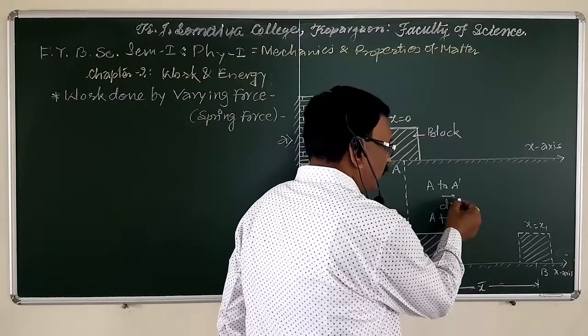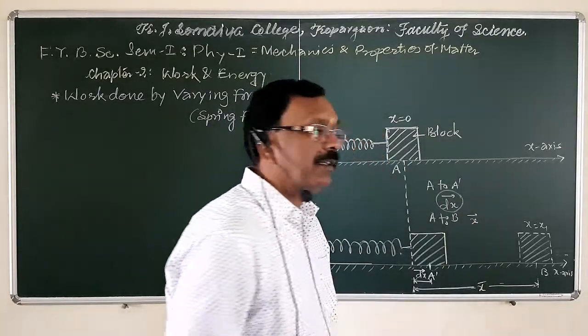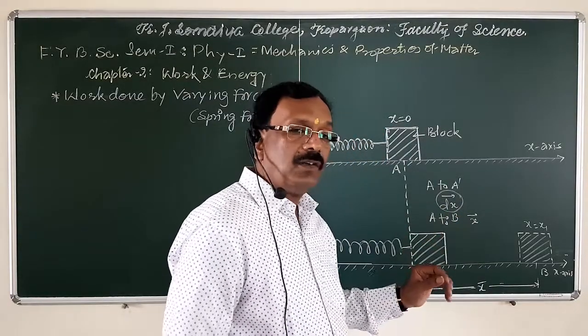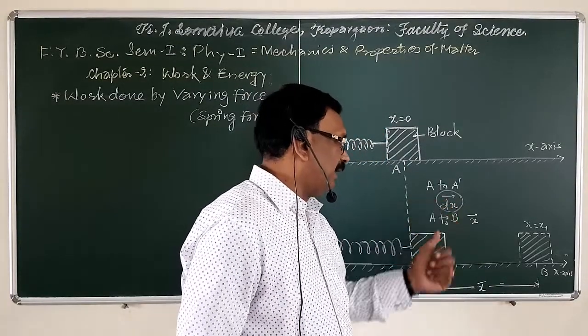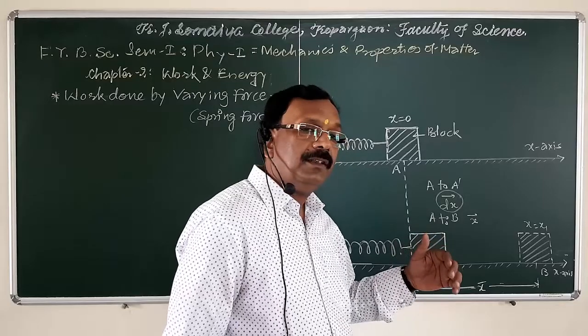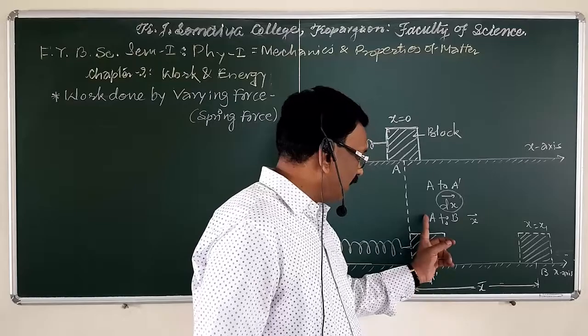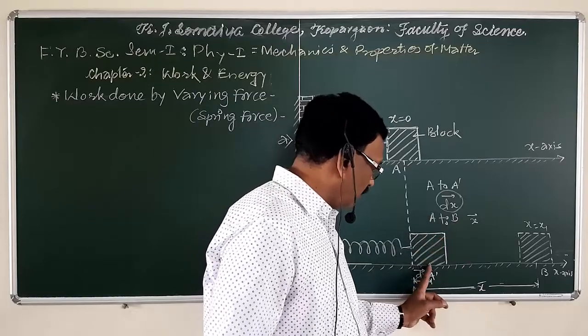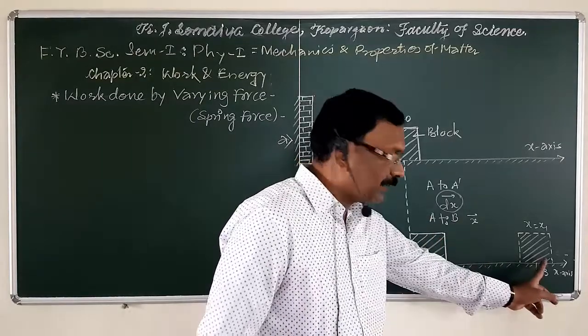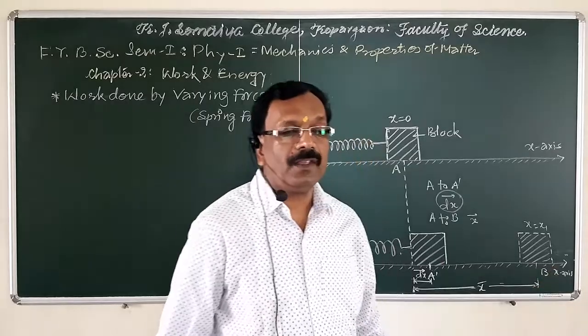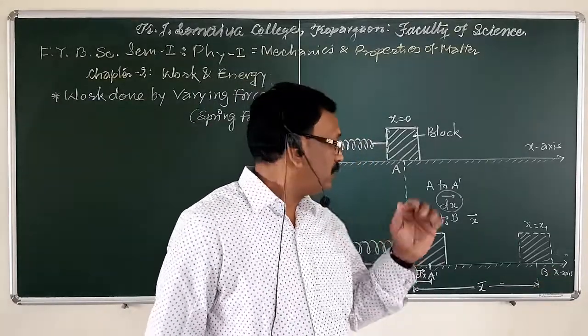First of all, we have to calculate the work done for small or infinitesimal displacement dx, and then we are going to find out the work done for finite displacement, that is from A to B, that is from this point to this point. Now here there are two figures.